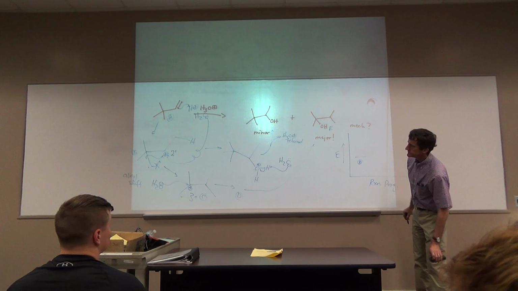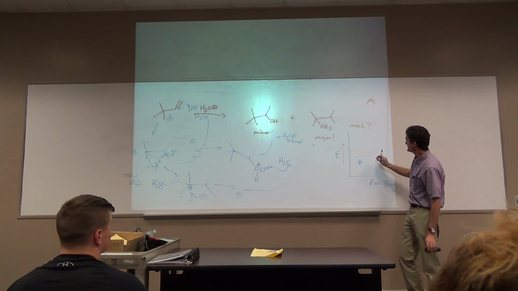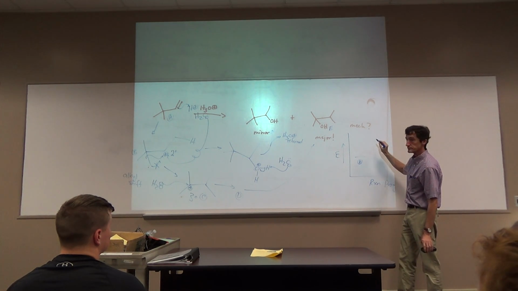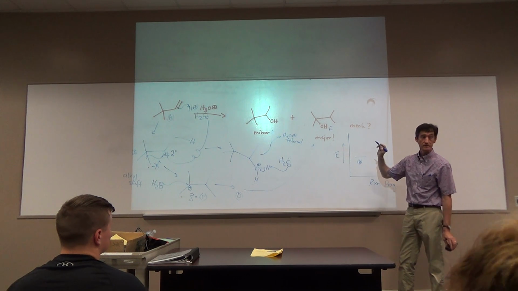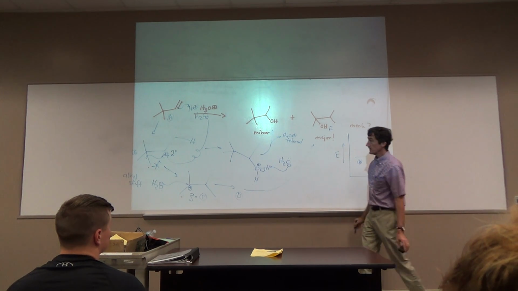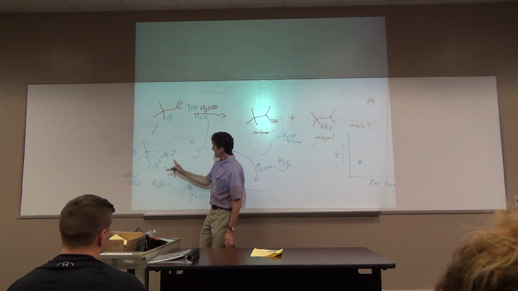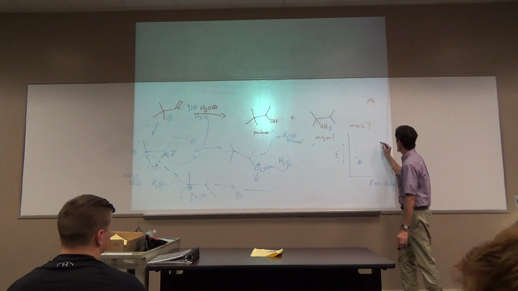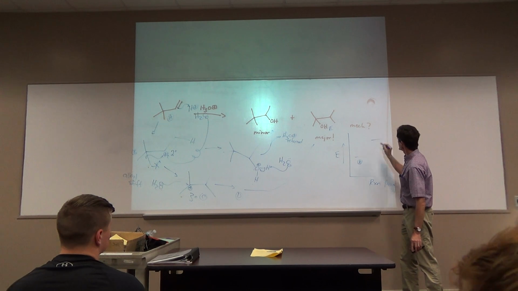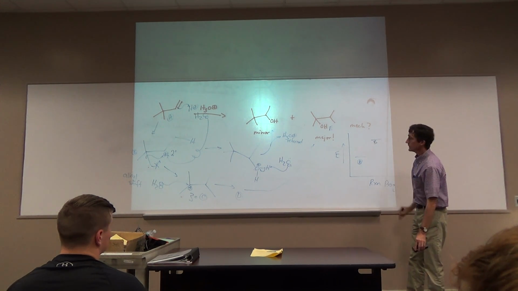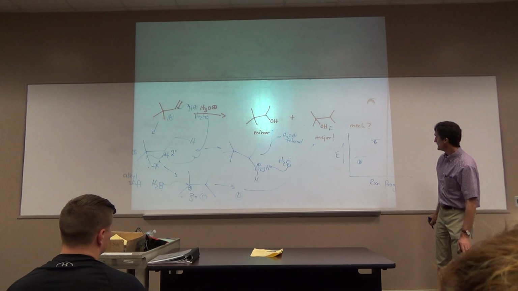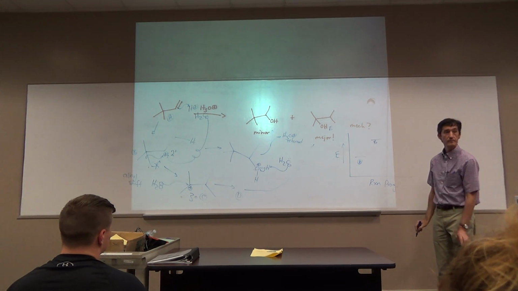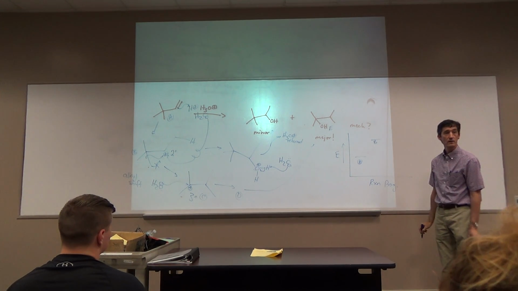Where's B going to be compared to A? It's an ion, yes. Not only is it an ion, the carbon no longer has an octet. So I'm going to put B up here. Okay, where does C go compared to B? Same, higher, or lower?